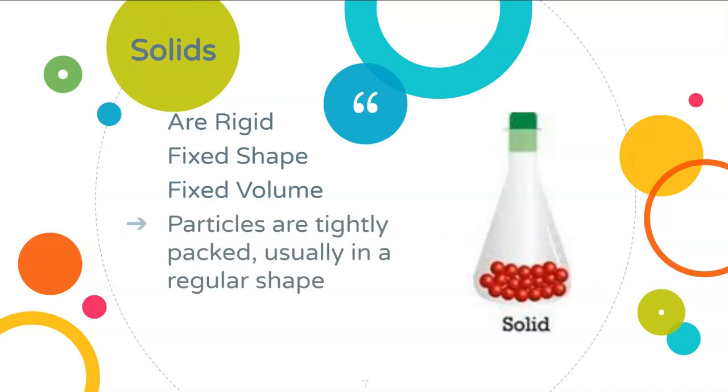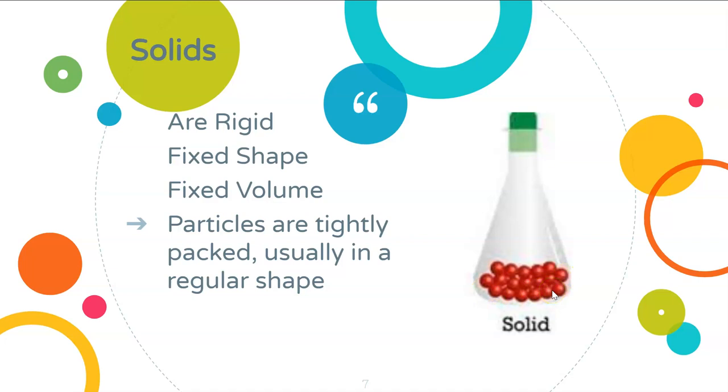Particles are tightly packed, usually in a regular shape. If you take a look at this picture, this is what the molecules would look like within a solid. All of these molecules are tightly packed together. We have a specific shape, with the molecules in specific rows and columns.